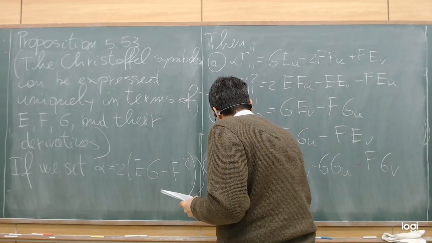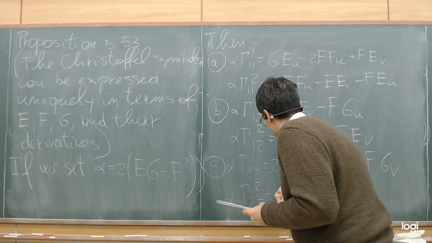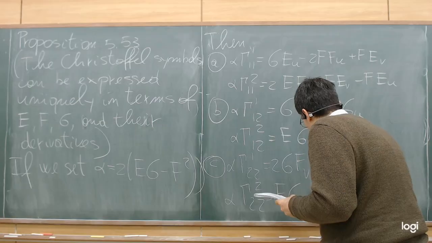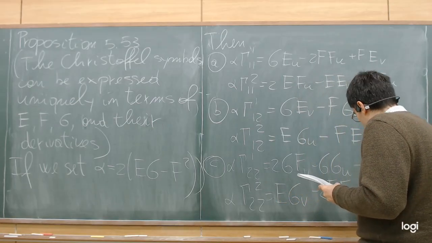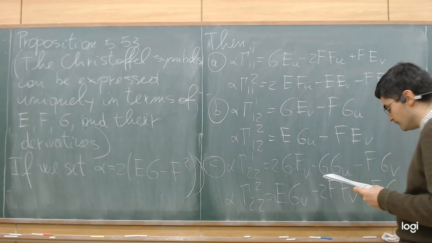And the last one is alpha gamma 2 2 2 equal to E G_v minus 2F F_v plus F G_u.